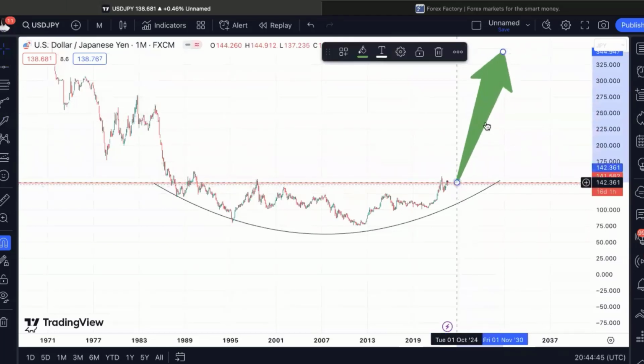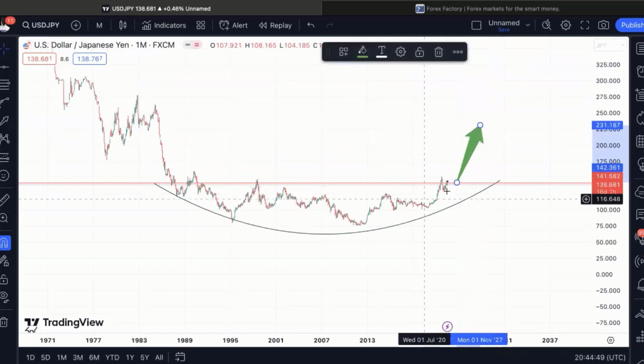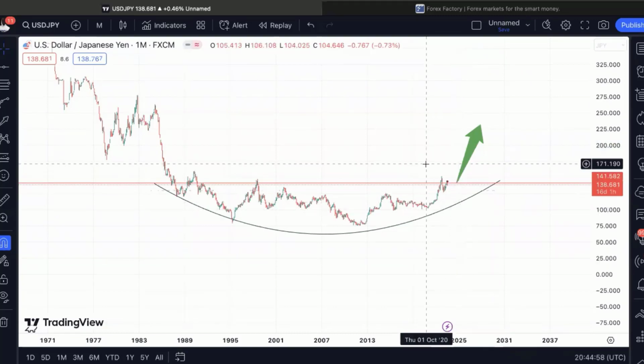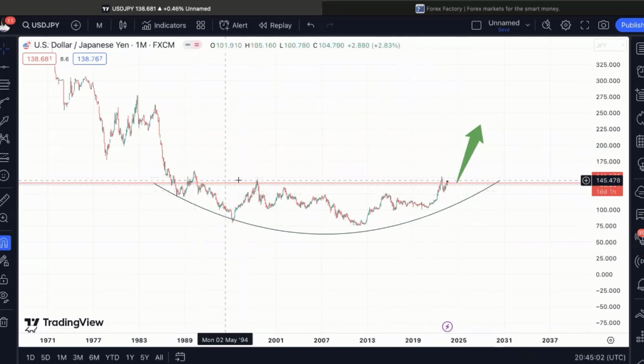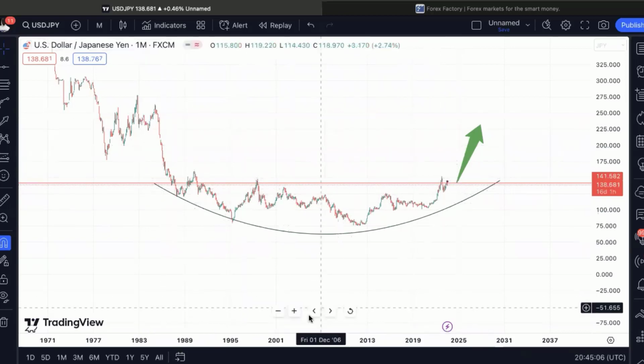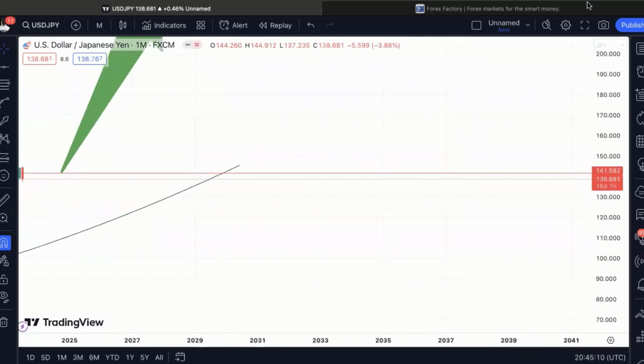Can you see that? This is what we are expecting by next week. Because if you look at it from the monthly time frame now, you will see that it has a bullish momentum that has sustained over time and continuously touching the resistance zone on the monthly time frame. Now let's zoom in to see what is actually going on.